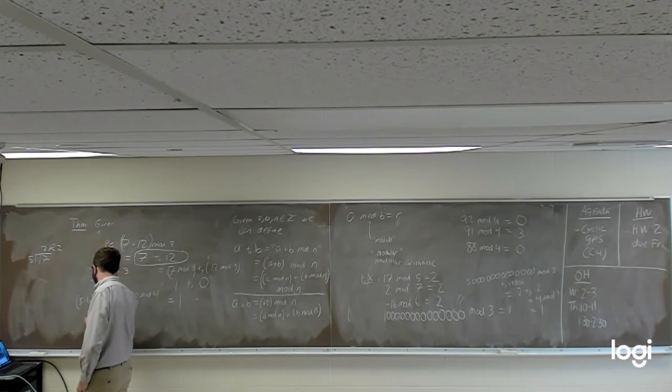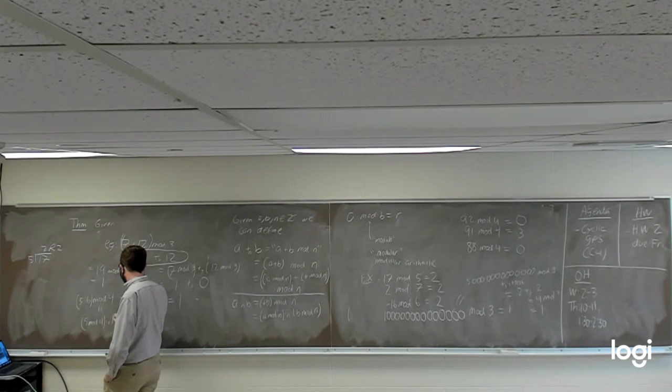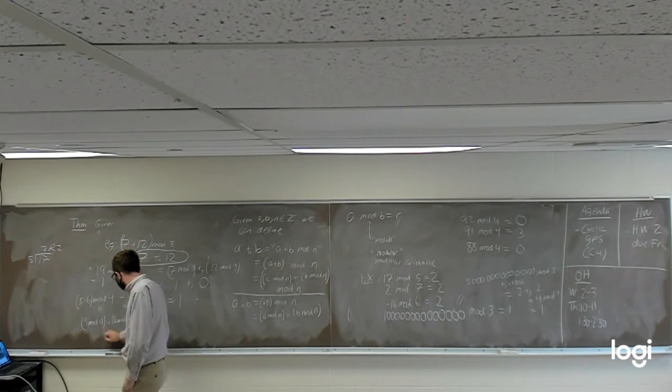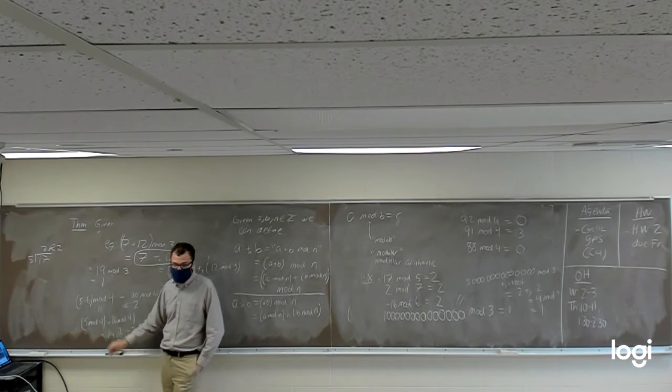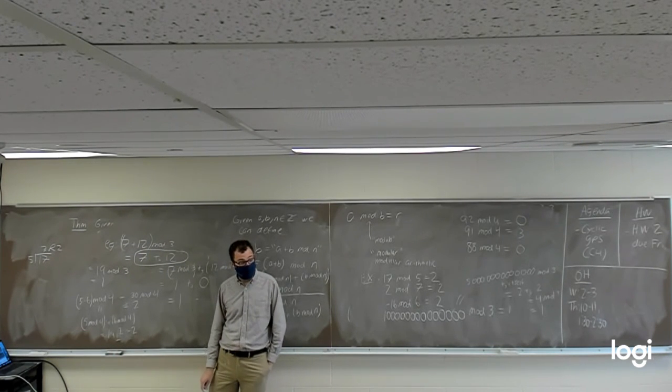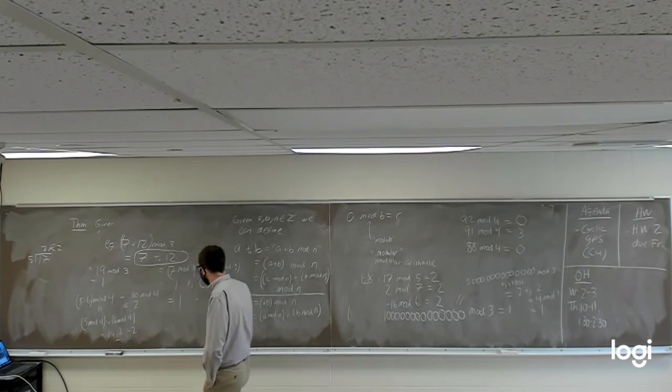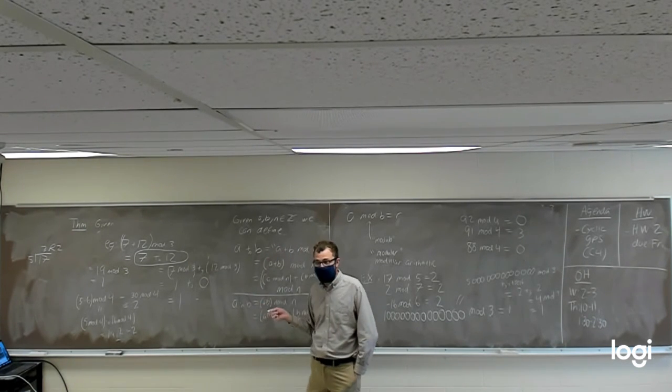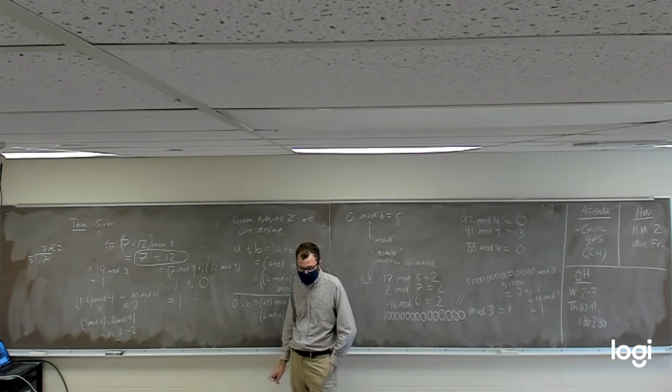Or we could take 5 mod 4, multiply it by 6 mod 4. Let's see, 5 mod 4 is going to give us 1. 6 mod 4 is going to give us 2. And when we multiply 1 and 2 together, mod 4, it will also end up with 2. So multiplication and addition are both going to work the same way.